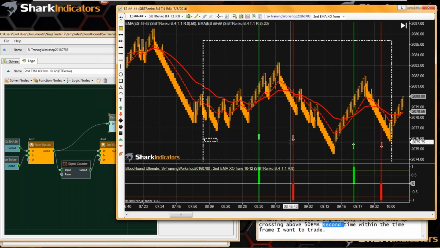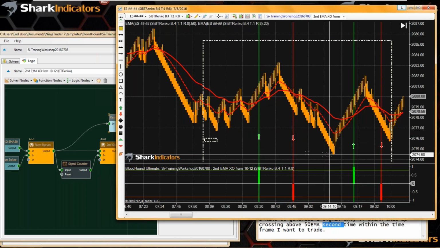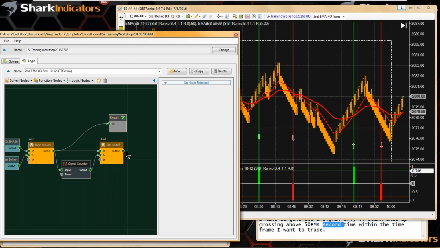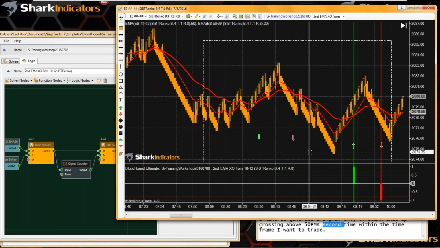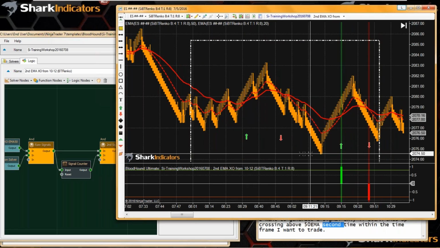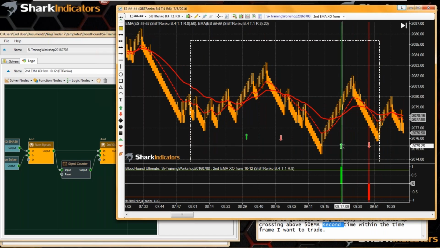Okay, so we get two longs and two shorts within our 2-hour time block here. And yeah, there's the second, and the second signals are there for both a long and a short.